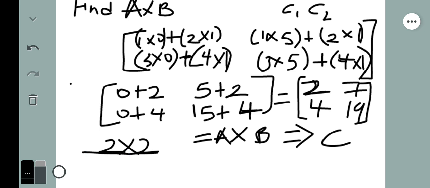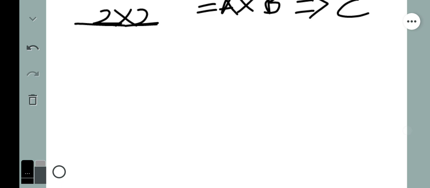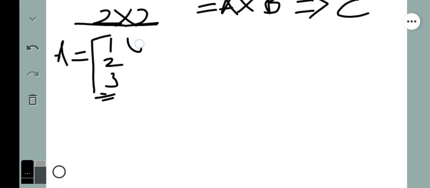Now let's quickly look at a 3 by 3 matrix. Let's give a matrix A, which is a 3 by 3 matrix. You know how a 3 by 3 matrix looks. Let's say we have 1, 2, 3, 0, 1, 1, 2, 2, 4.